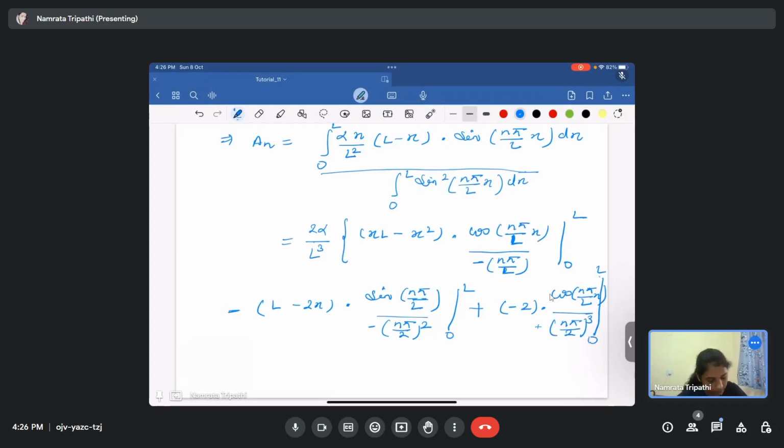Now we are going to put the limit. If we put the upper limit, the first expression will become 0. If you put the lower limit, the first expression will also become 0. Fine.